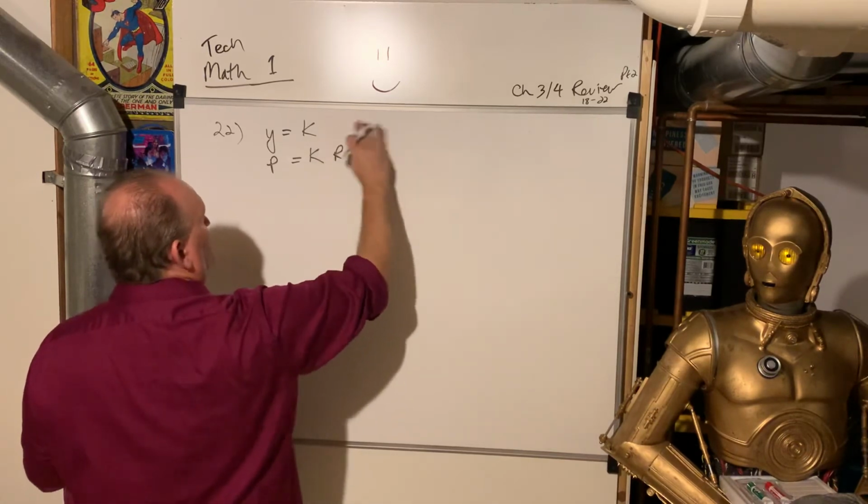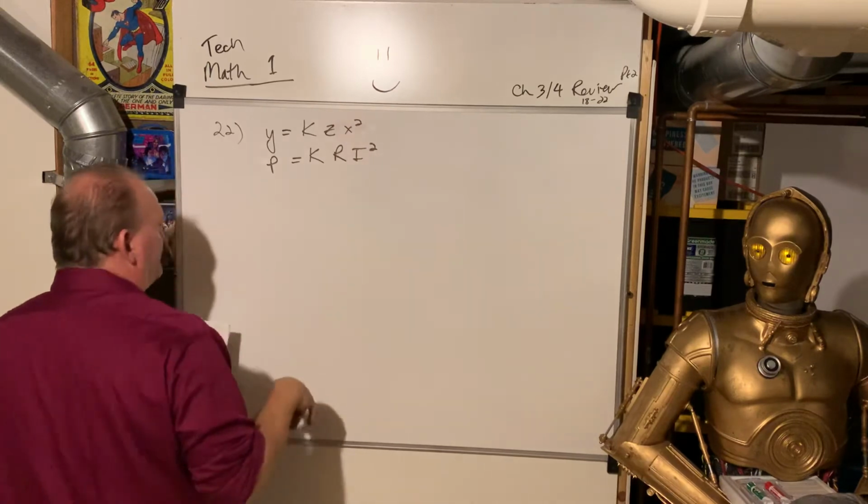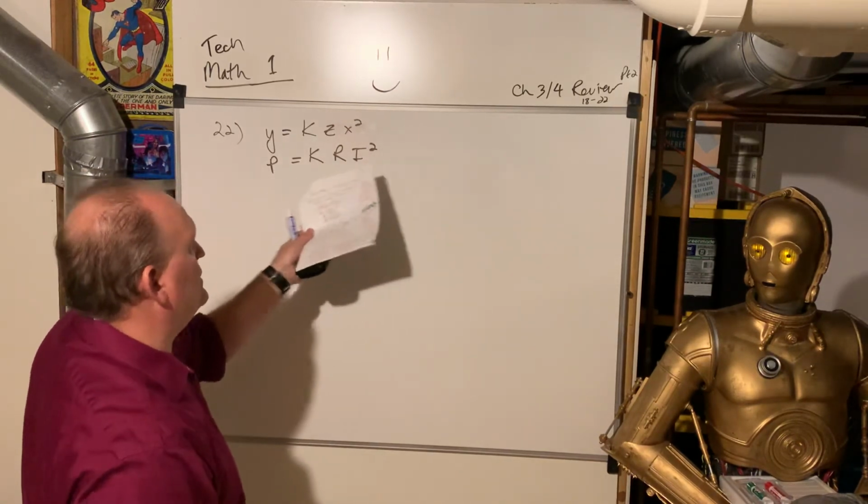Really doesn't matter which order you put them in. If you want to go K I squared R, that's fine.